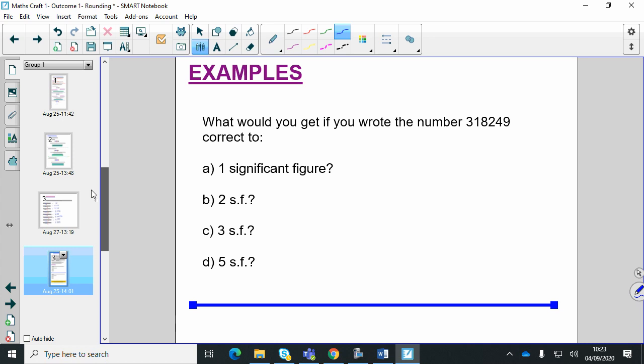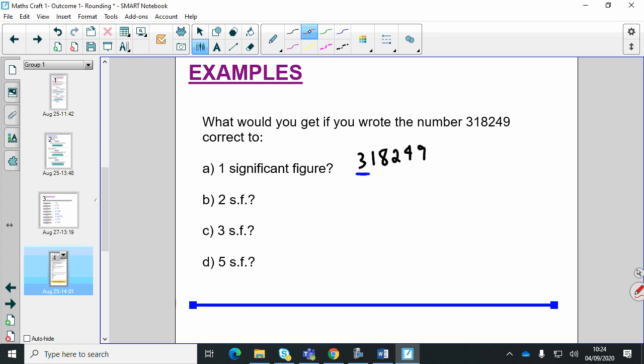Okay, so we've got this number here, 318249. Let's take that to be, like I said, the population of a city. So I'm going to write this 318249. Now, the first significant figure there is the 3.